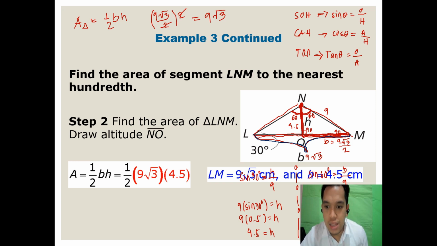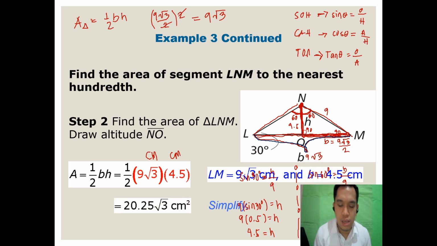So, substitute 9 square root of 3 for B and 4.5 for H, which is the height. Huwag ninyong kakalimutan yung unit cm dito, cm tapos cm. So, para pag nag-multiply ka, 9 square root of 3 cm times 4.5 cm, magiging centimeter squared na yan.